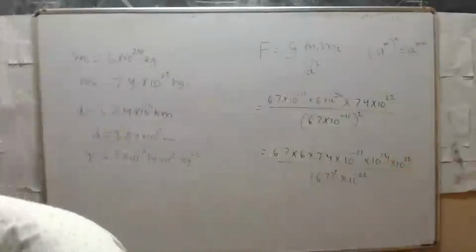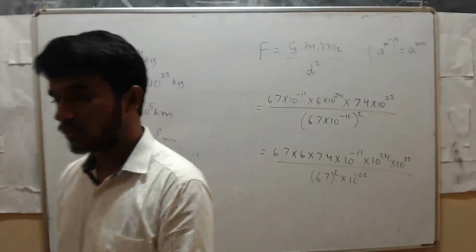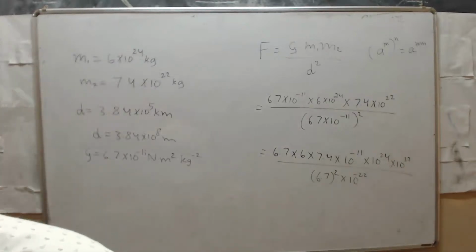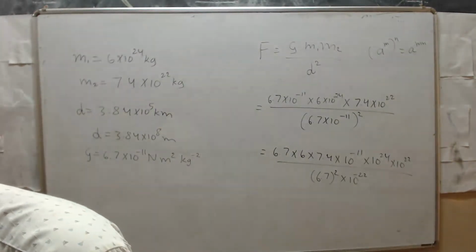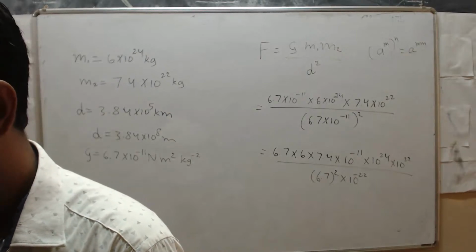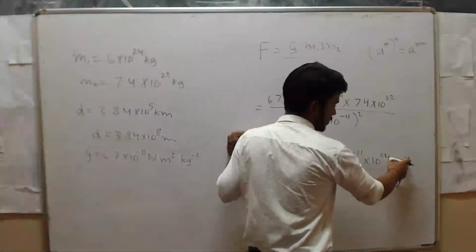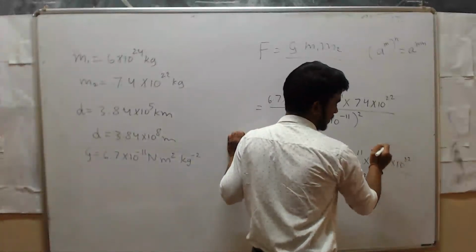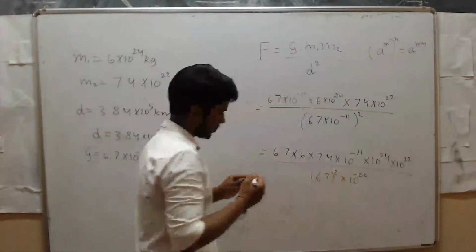See, I'll just first operate here: 24 plus 22. What is the answer? That is 46. Okay.